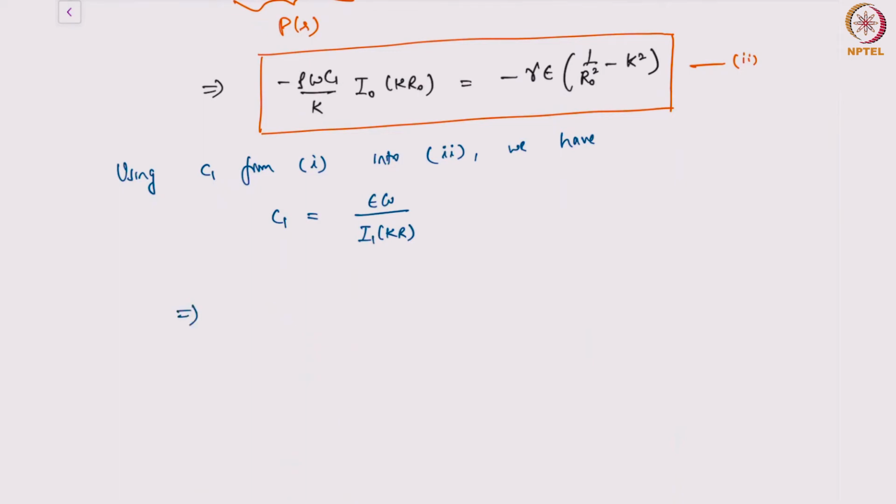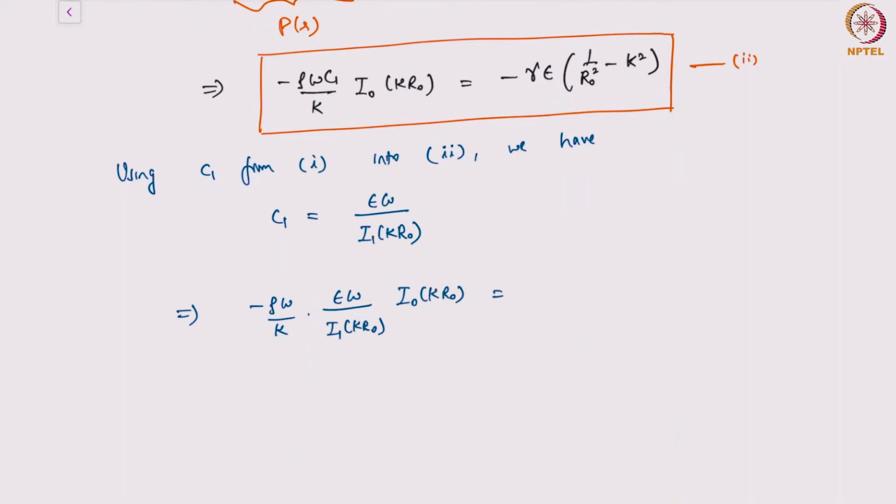Okay, and therefore I have minus rho omega by k times C1, that is epsilon omega by I1 of k r naught, times I0 of k r naught.